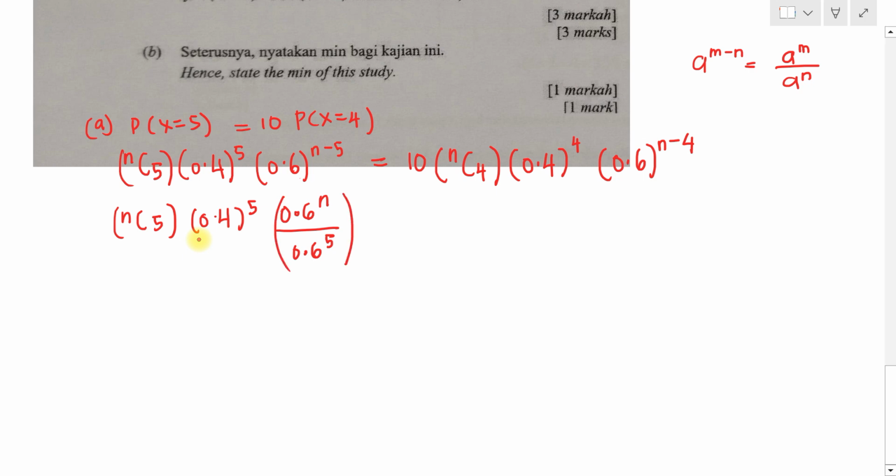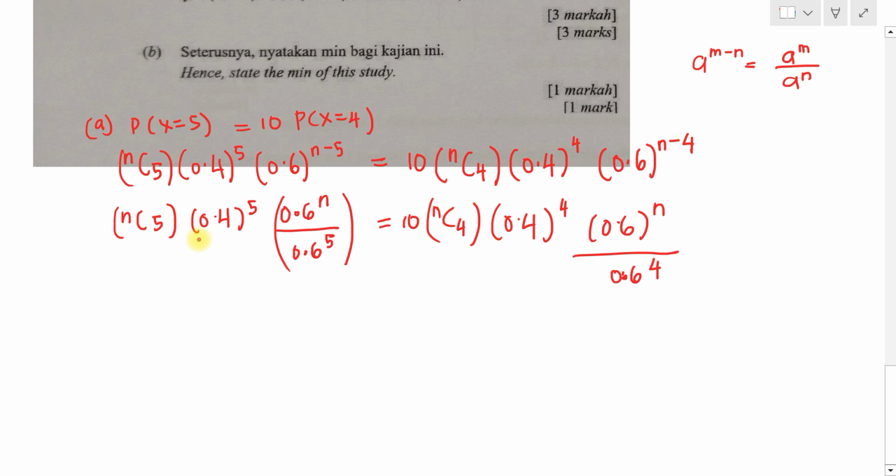I can write it like this. It is equal to 10 times nC4, I don't want to disturb, 0.4 power 4, 0.6 power n divided by 0.6 power 4. Okay, and we try to solve the numerical part first.